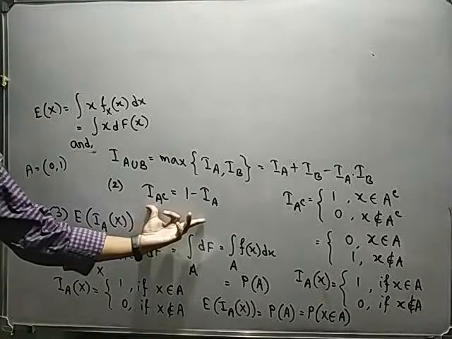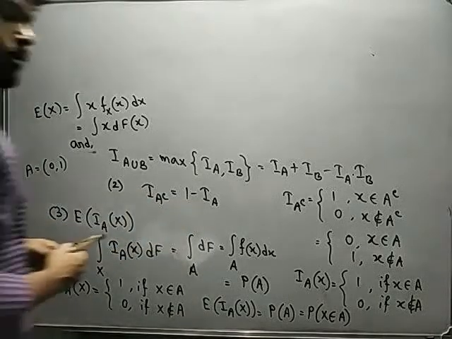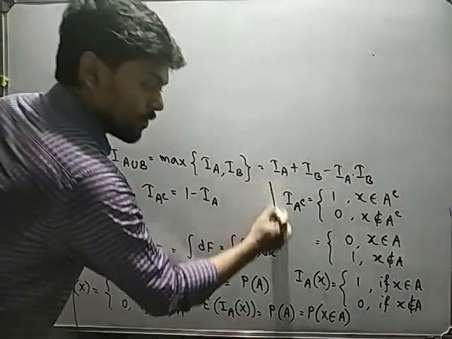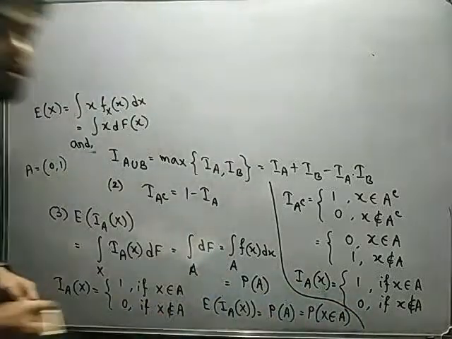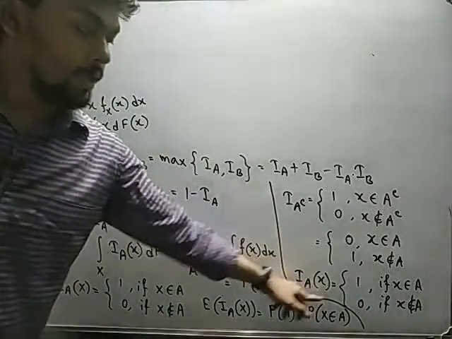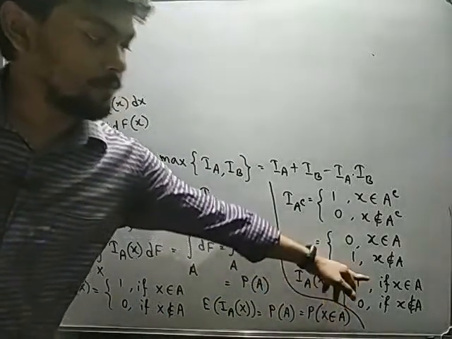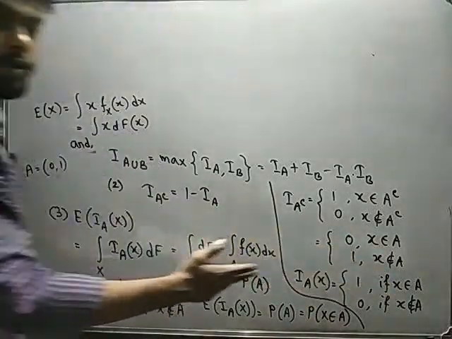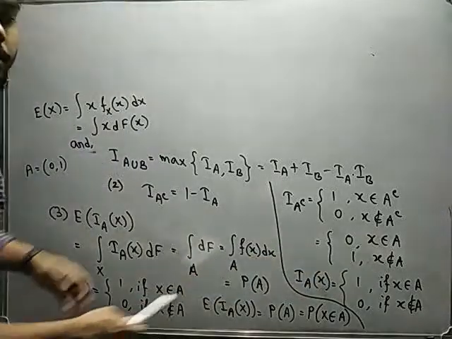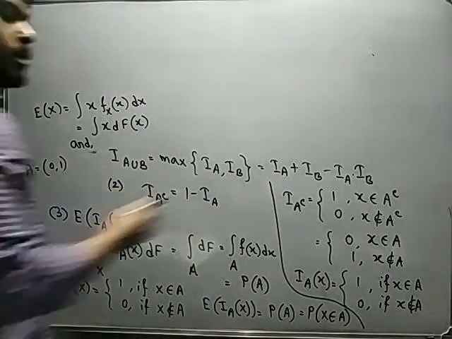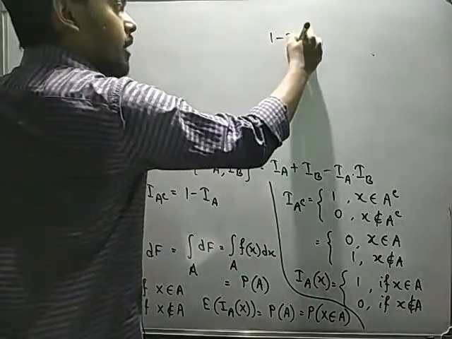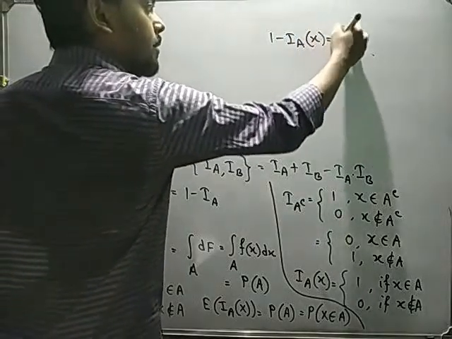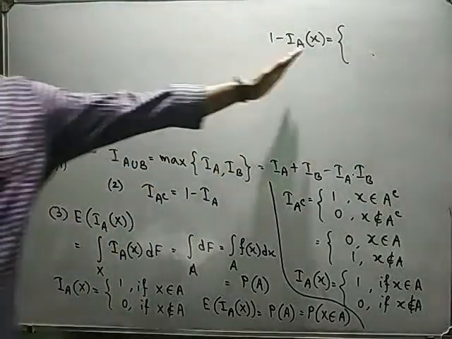Okay, the complement part once again. Just try to concentrate on this part. IA of x is 1 if x belongs to A and 0 if x doesn't belong to A, that means x belongs to A complement. So what will be the value of 1 minus IA of x?